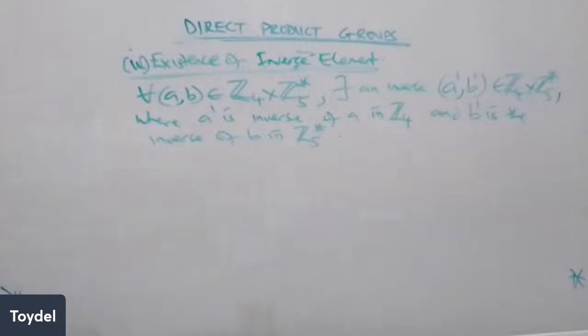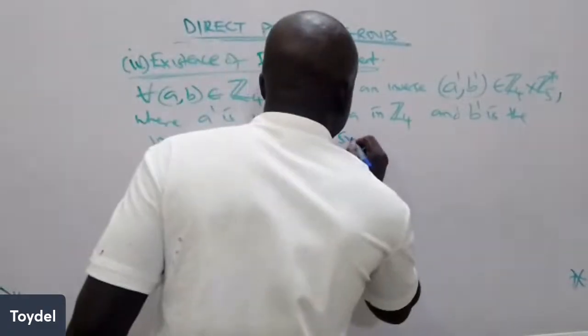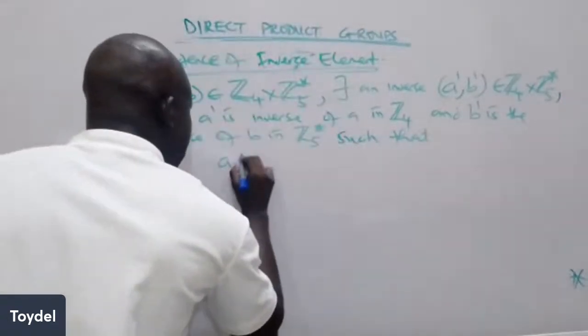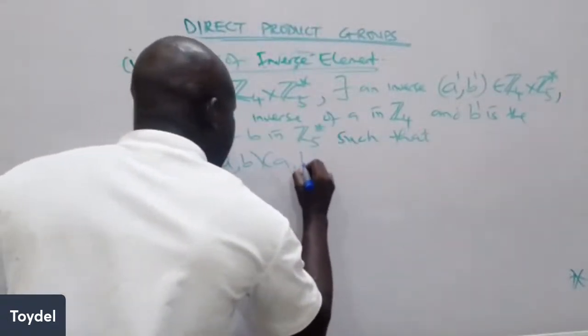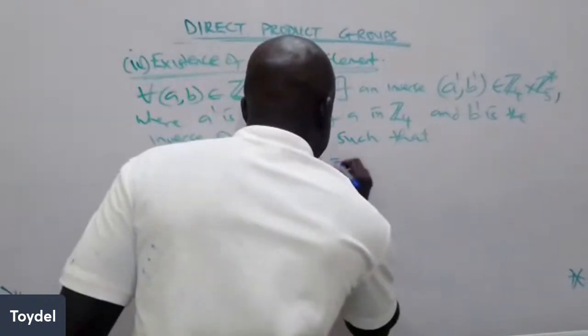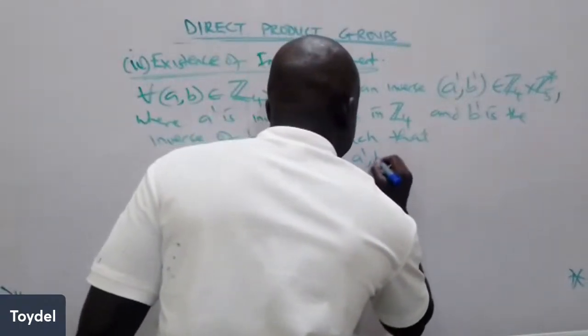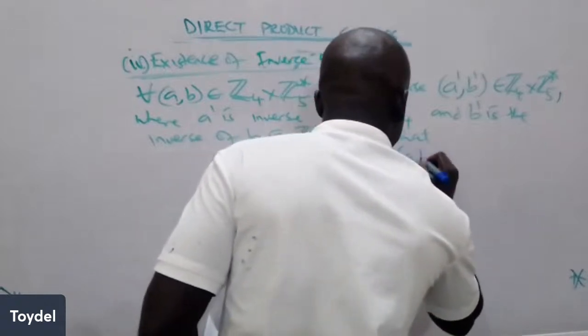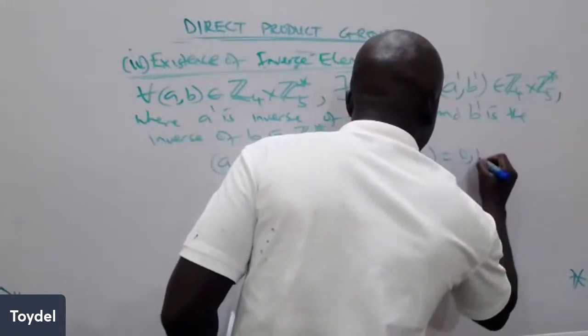Such that (A, B) times (A prime, B prime) is the same thing as (A prime, B prime) times (A, B), which will give us (0, 1).